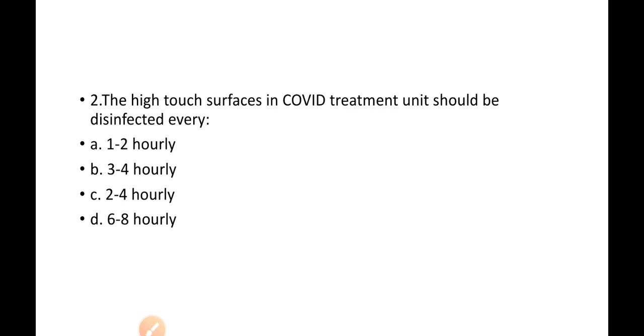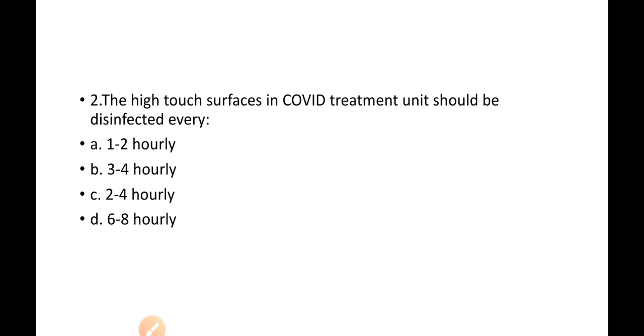So next, question number 2. The high touch surfaces in a COVID treatment unit should be disinfected every: option A, 1st to 2nd hourly, option B, 3rd to 4th hourly, option C, 2nd to 4th hourly, option D, 6 to 8 hourly. The institutional rules and regulations tell you how many times you should disinfect your wards, clinics or ICUs.